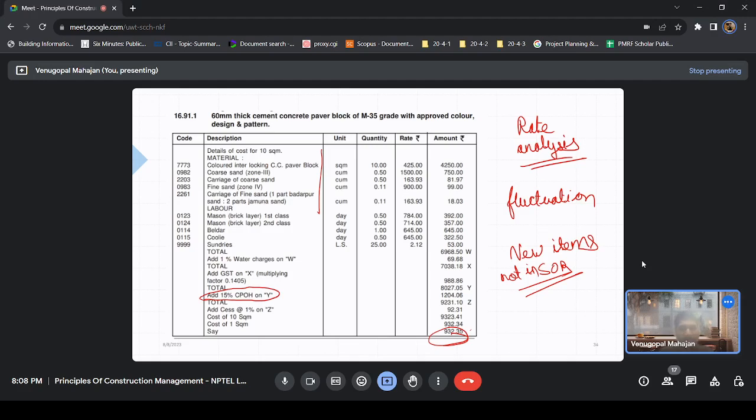I mean, if you arbitrarily quote the rate for some item, that person can go to courts, right? You are cheating him. But if you give this rate analysis, he has to accept it. Or if he is not accepting, this actually gives you a strong base.